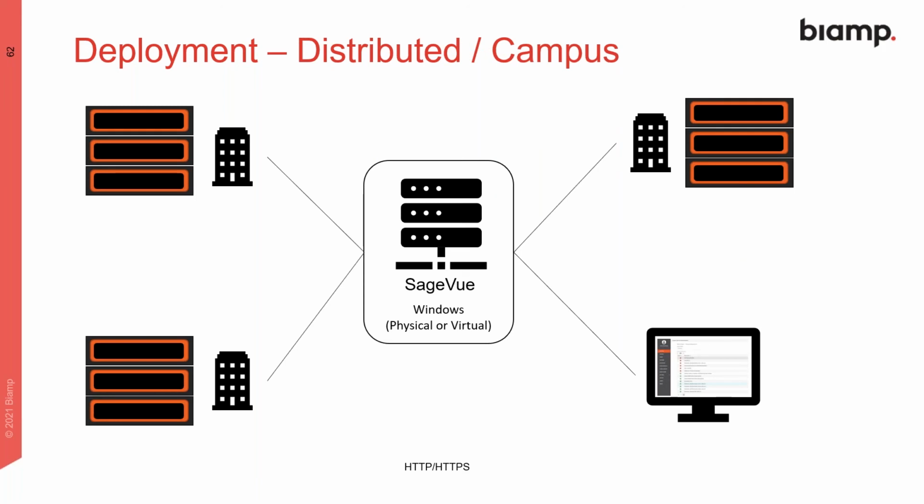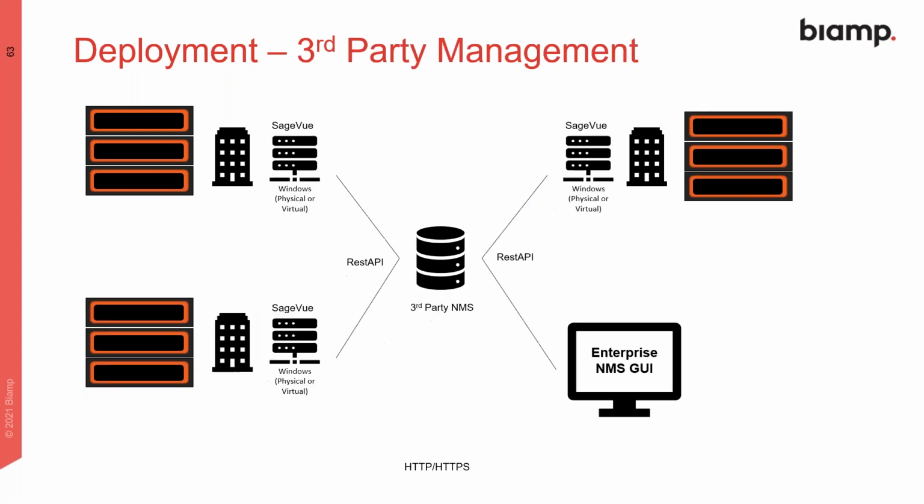We can use any of our support team's computers via web browser to access that network. And then blowing that out globally, if you've got multiple SageVue gateways registered all over the country and all over the world, you're using the API to bring all that information back to a central operations center.